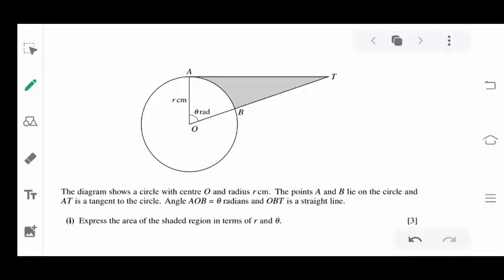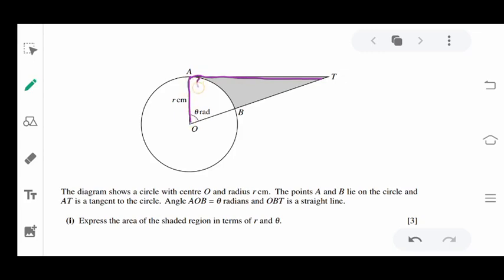Another question. The diagram shows a circle with center O and radius r centimeter. The points A and B lie on the circle, and AT is a tangent to the circle. Angle AOB is equal to theta radians and OBT is a straight line. So here they have given AT is a tangent to the circle and OA is the radius.